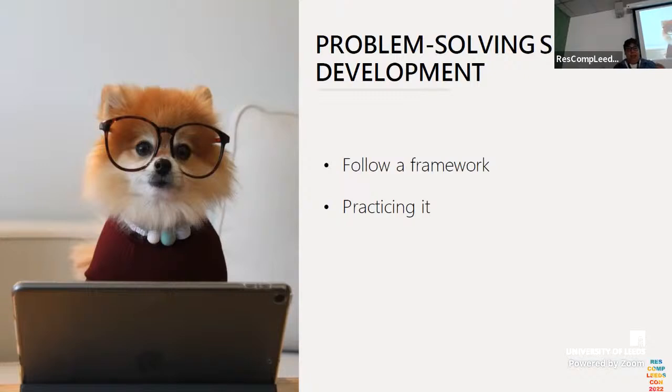My tips are going to be basically in two categories. You should follow a framework and you should practice it. For the framework, you can try to solve your problems randomly. It's a way. You try, it's wrong, try again. Oh, now it's right. But I think having some kind of consistency is very, very important. And you are going to have this if you follow some kind of framework.